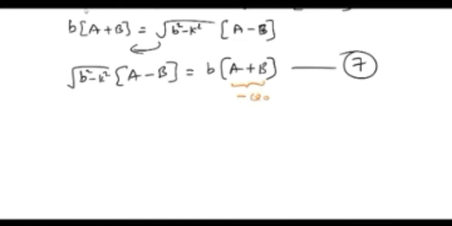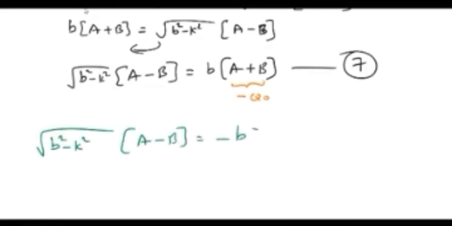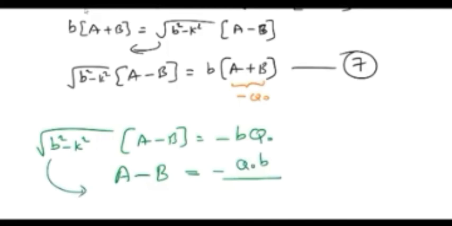Therefore again I can write root of b square minus k square into A minus B is equal to minus b q0, or A minus B is equal to minus q0 b divided by, bringing this to the right side, root of b square minus k square. This is equation number 8.